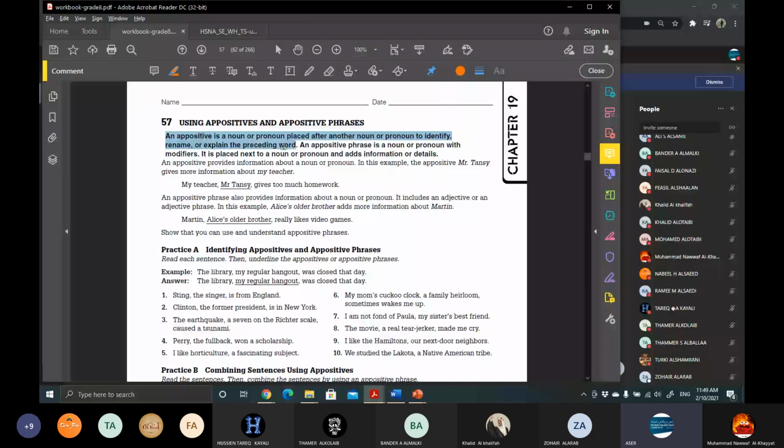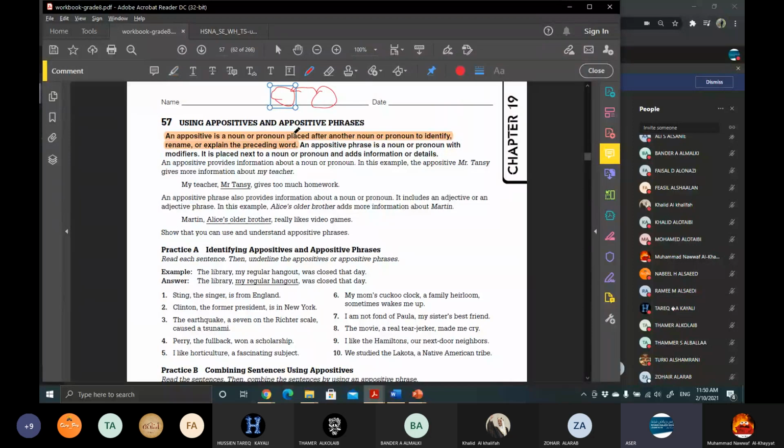So remember when we studied nouns as an adjective? It's the same. Okay, so we have a noun in the sentence, and after that noun, we bring another noun or another clause. And we use the second noun or the second clause in order to identify or rename or even explain the preceding one, which is the first one. So we have two nouns, and the second one identifies the first one.